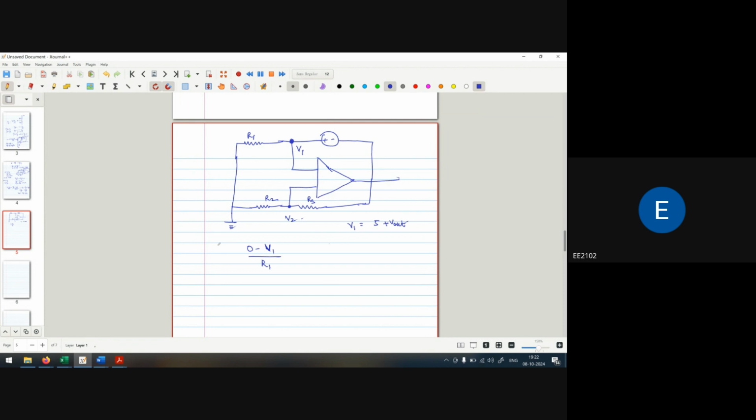So this is the direction of current I1. So the value of I1 is equal to, if I put the values, minus 5 minus V out upon R1. Now V2 is 0, not exactly 0.